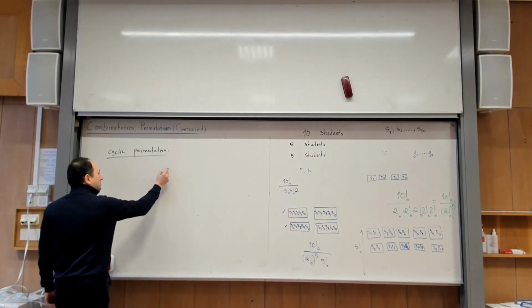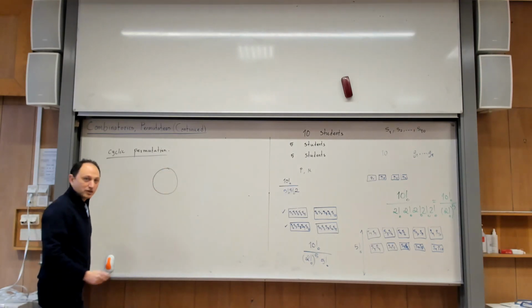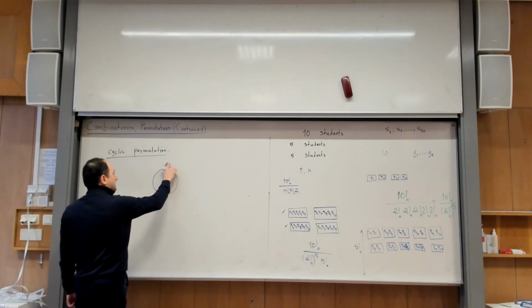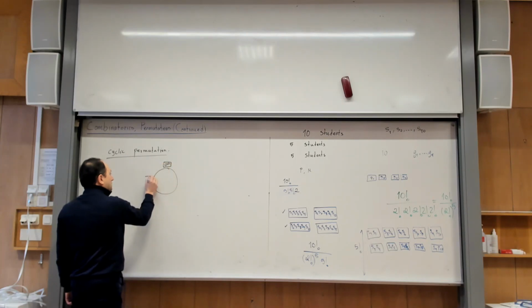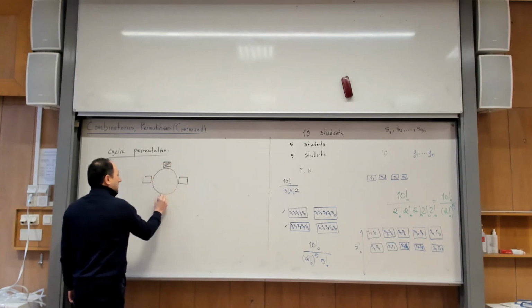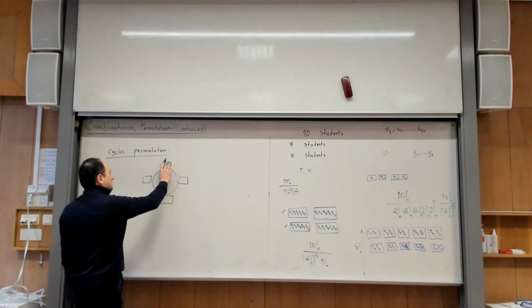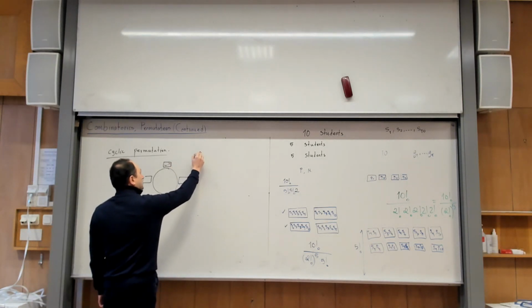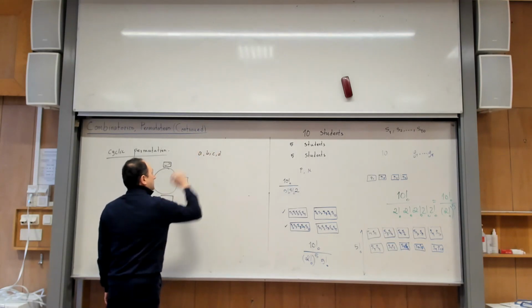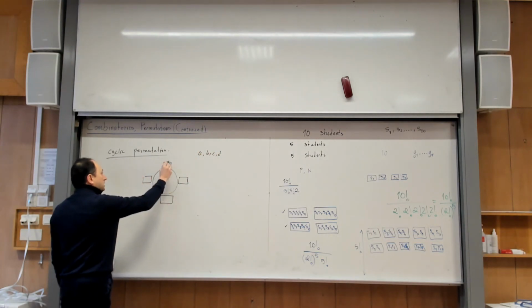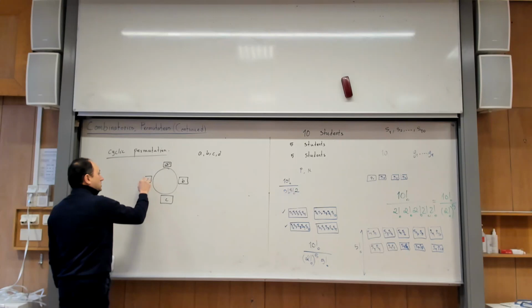Let me use 4 people, since 4 is easier to draw. So this is one seat here, one seat here, one seat here, one seat here. And then I have 4 people, A, B, C, D. When I put them here, A, B, C, D, this is one possibility.